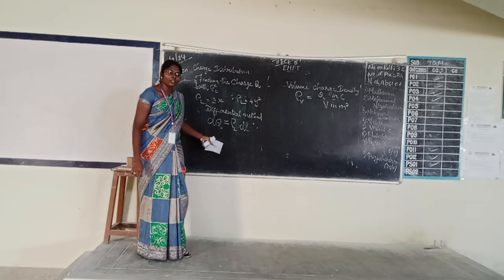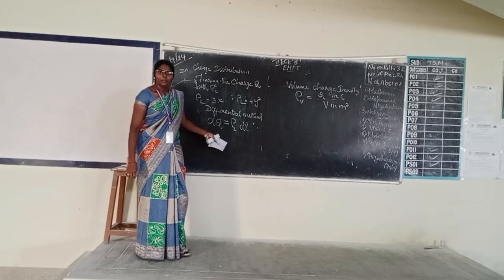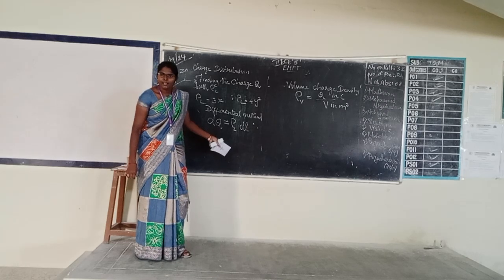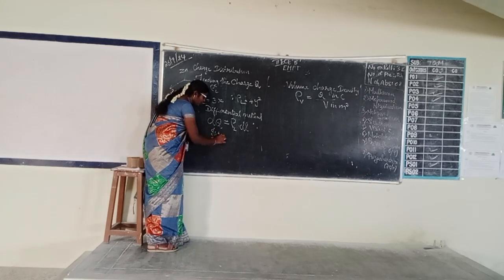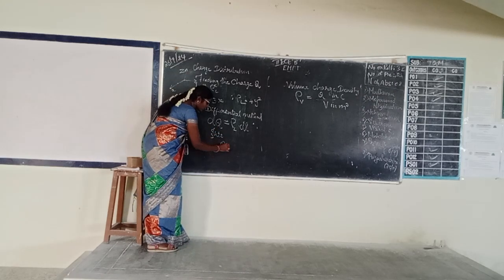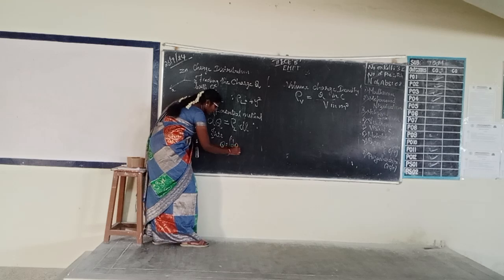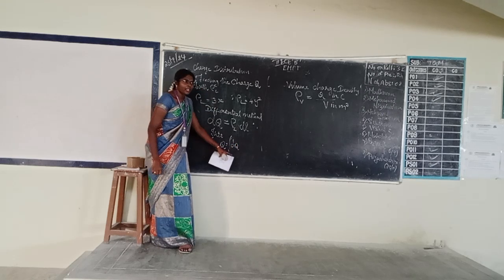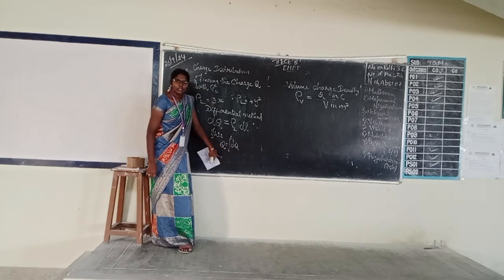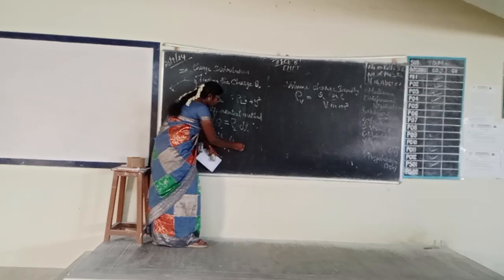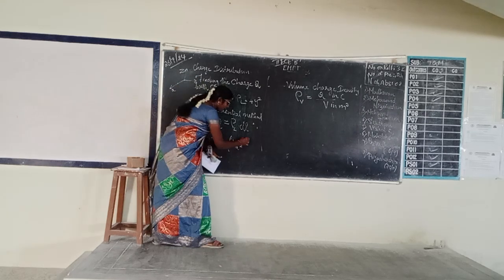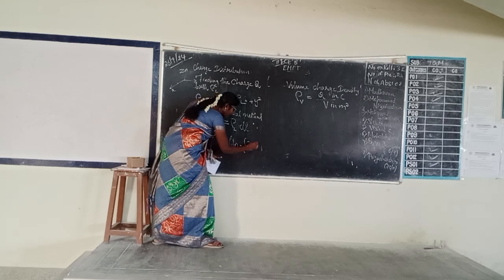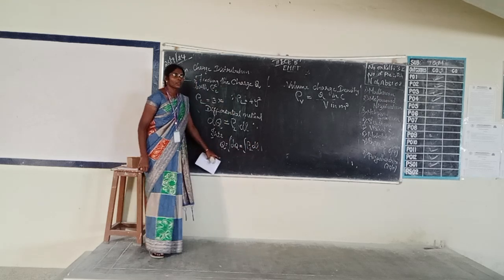So how can we find Q now? By taking the integral. Integrating on both sides, Q is equal to the integral of dq, which will be equal to the integral of rho L dl.